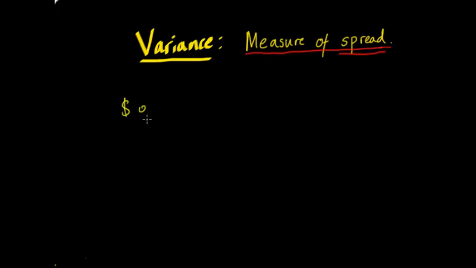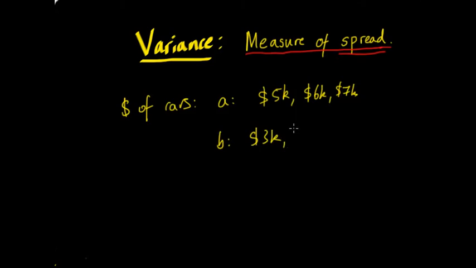Group A could be 5,000, 6,000, 7,000, and group B could be 3,000, a $20,000 car, and a $100,000 car. Obviously the variance for B is going to be higher, and the variance for A is going to be lower. However, it brings up an interesting point: $1,000 for cars may be a pretty small variance and not that much variation.